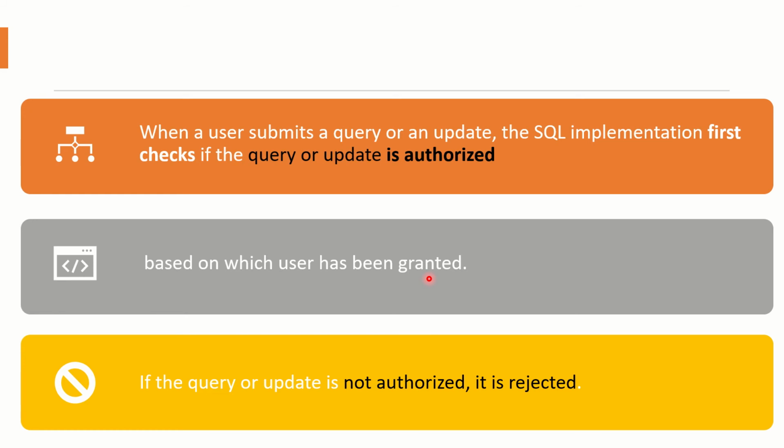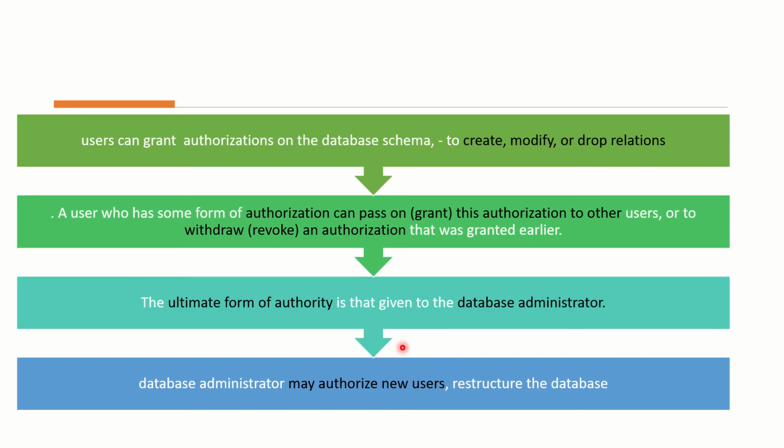I have only the privilege to modify the data in a database. So that is how SQL works when a user is trying to write any query or any type of operation on the database. If he or she is not given the privilege to do that operation, that particular statement will be rejected by SQL.